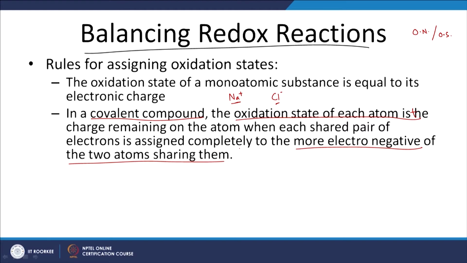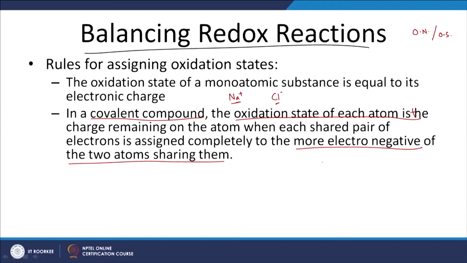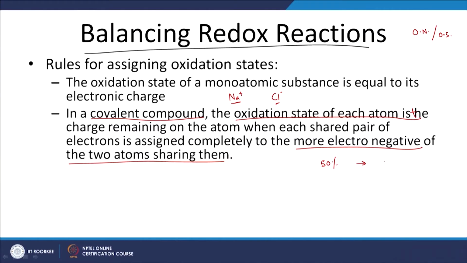What this means is, if you have two atoms sharing electrons, both of them are sharing them. But if a particular atom has greater than 50% share, you assign all those electrons to that atom, and then if you calculate the relevant charge, that's going to be your oxidation state or oxidation number.